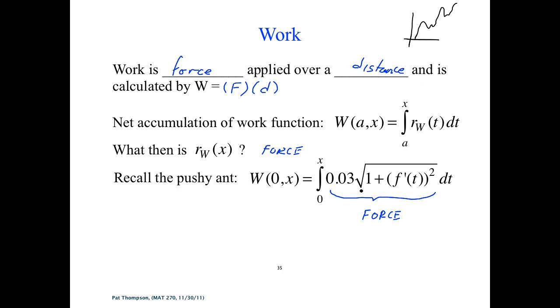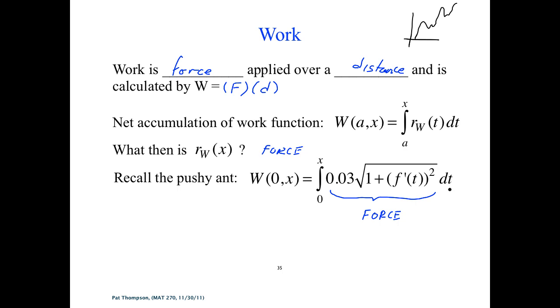It's taking that 0.03 and scaling it. So this is like a unitless scaling factor, so that it would be the equivalent force in the x direction, right? It's taking the force, because this is the arc length, the ds.